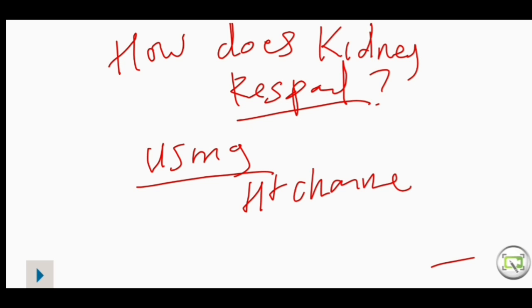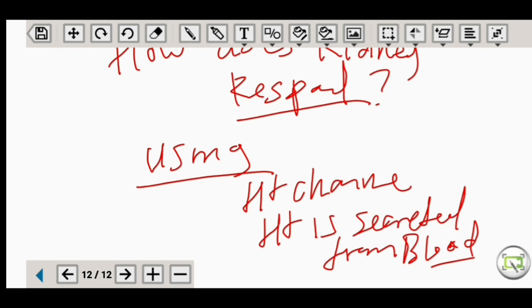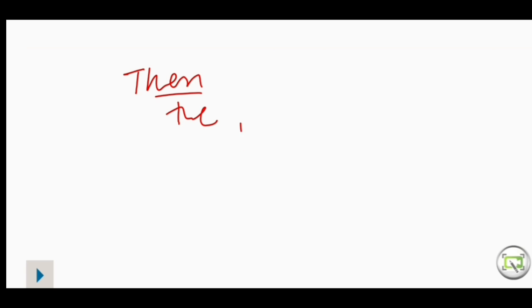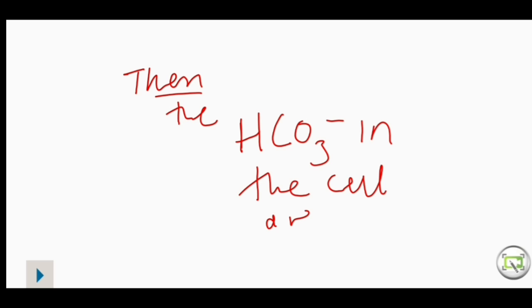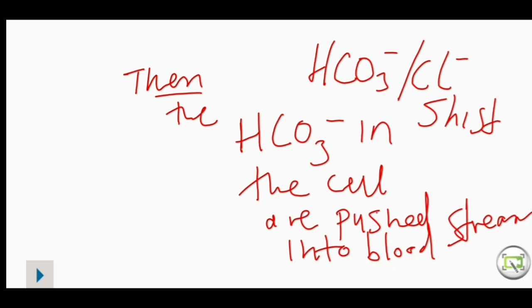So using an ion channel, hydrogen is secreted from the bloodstream into the tubule. Then the bicarbonate is pushed into the bloodstream, which raises the pH of the blood to normal. The bicarbonate exchanges with chloride using the chloride shift channel.